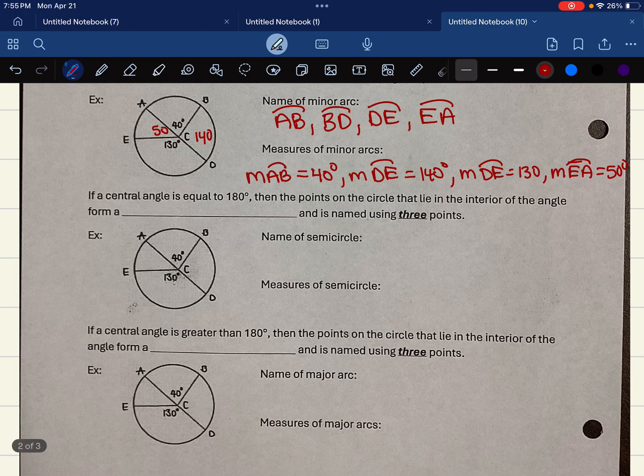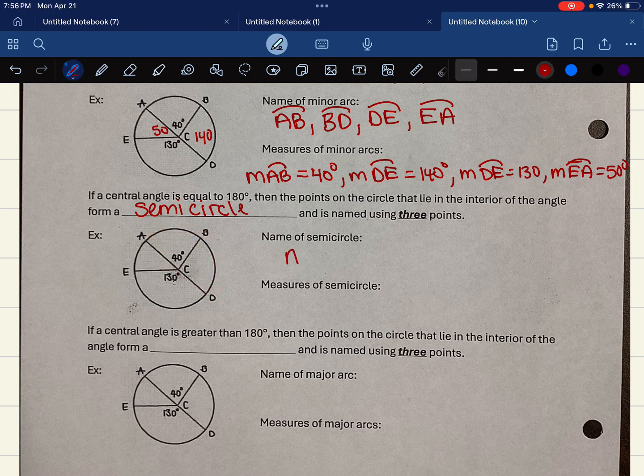Secondly, if a central angle is equal to 180 degrees, then the points on the circle that lie in the interior angle form a semicircle, right? We know a semicircle is half a circle, which would be 180 degrees, and is named using 3 points. So I have 2 semicircles here, right? The first we would call A, B, D. That would give us our first semicircle.